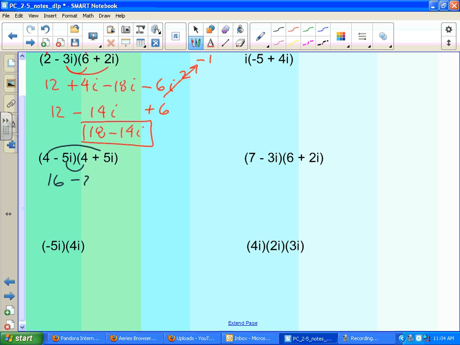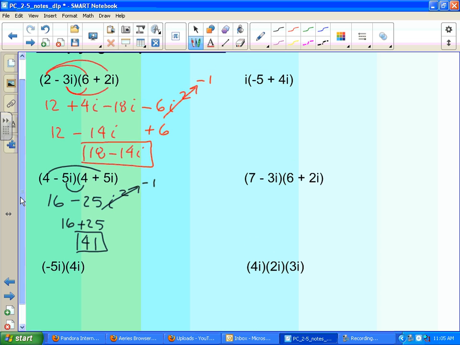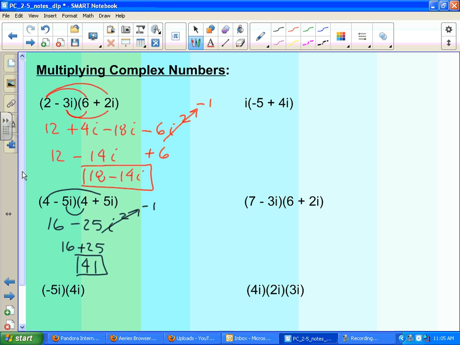And then we get negative 25i squared, and we pierce i squared and make it a negative 1. And now I have 16 plus 25, 41. So look at that. We could get a real solution if we multiply 2 complex numbers together. So our i's could actually disappear.